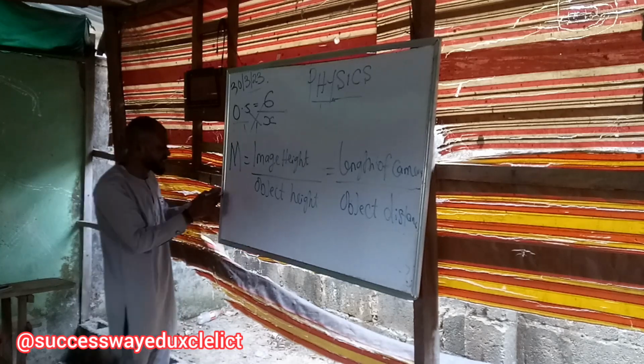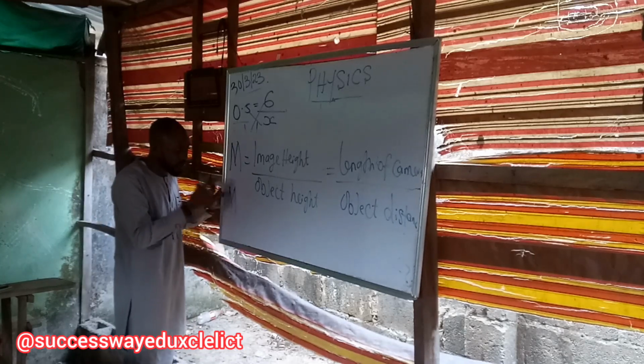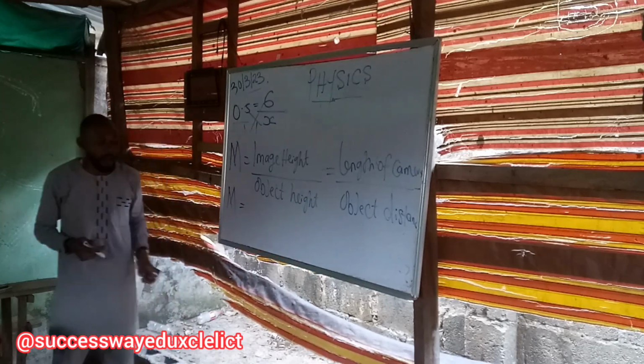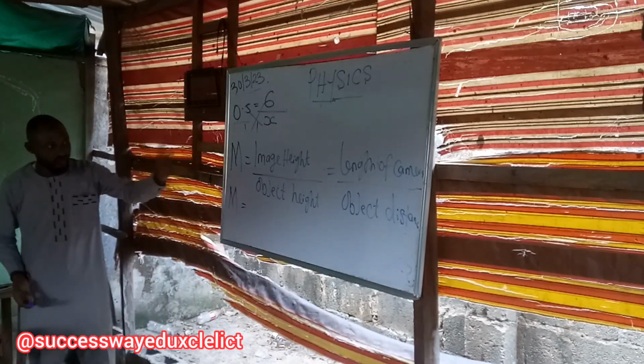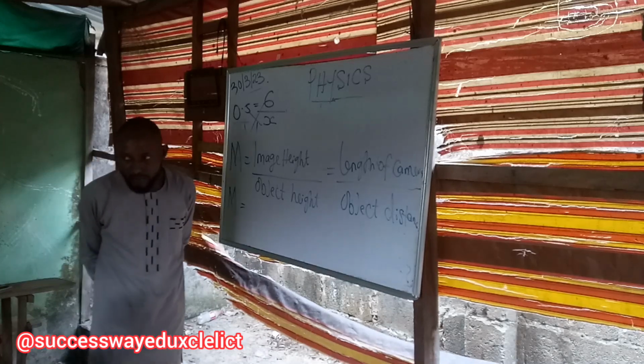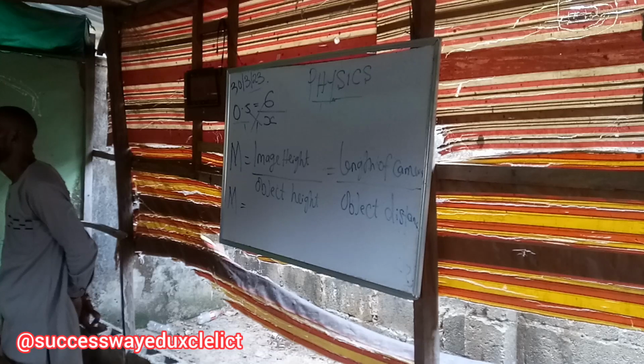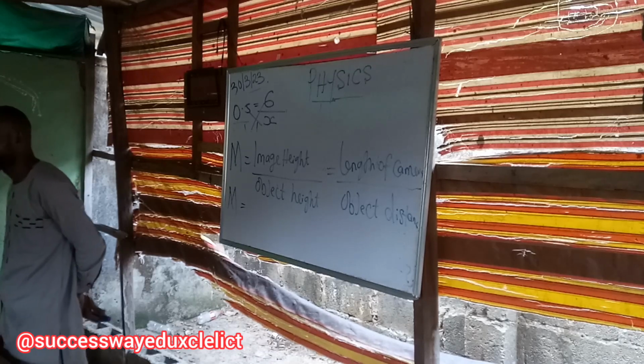So here now, look at it here. My magnification. Here, let me try something. What are we going to do here? From here, what are we going to do? So we put the values into the equation of magnification. Yes.